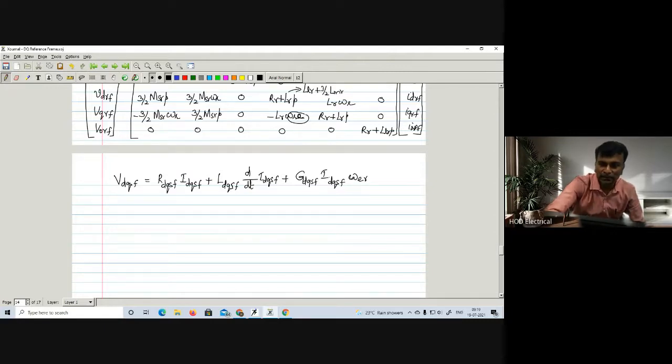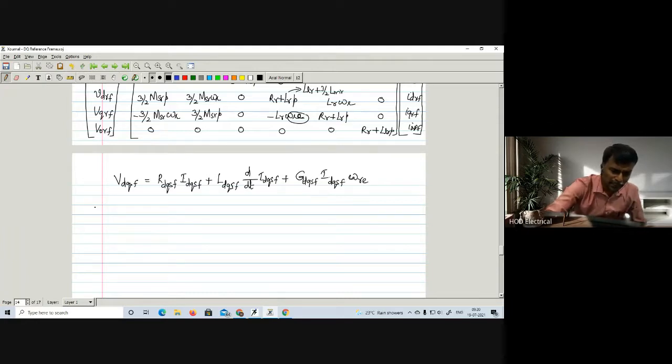So this is not omega_R, only omega, so we can use this common term omega_RE. This is electrical speed, not mechanical speed. In this case also, all are electrical speeds.